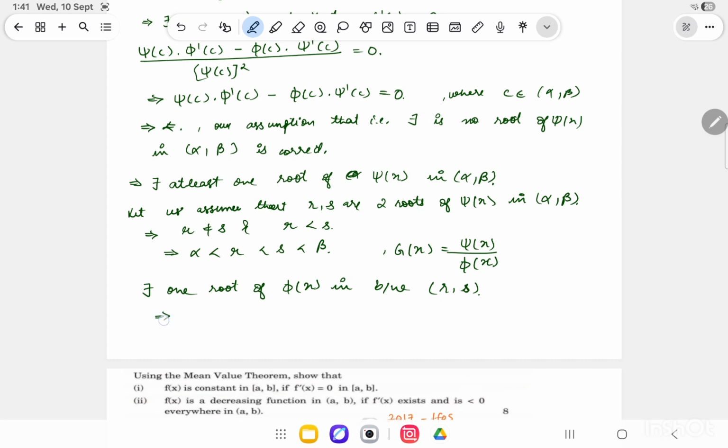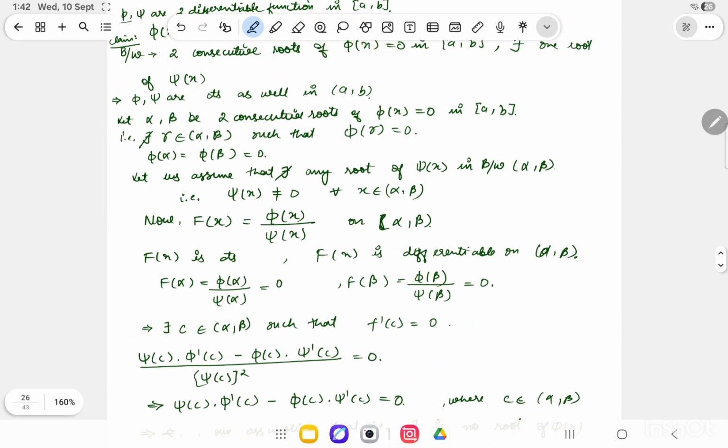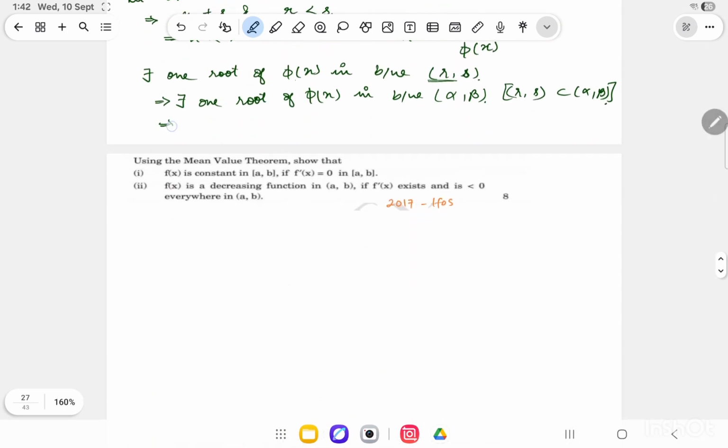So from here I can say that there exists at least one root of phi x in between alpha comma beta, because if phi x has a root in between r comma s, then phi x has a root in between alpha comma beta also, because r comma s is contained in alpha comma beta. But we have assumed earlier that alpha comma beta are consecutive roots of phi x, that is, there is no root of phi x in between alpha comma beta, so we got a contradiction to our assumption.